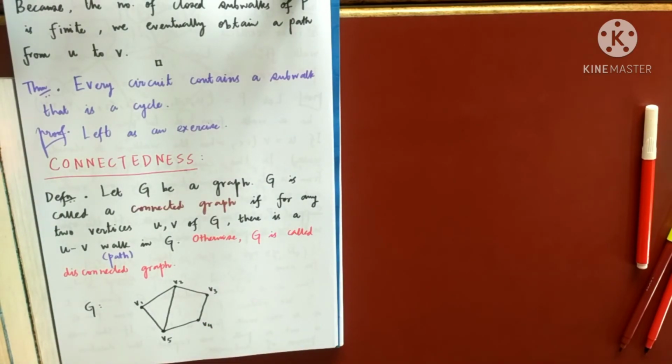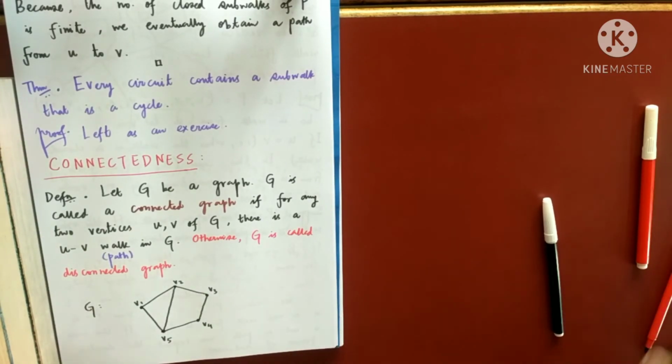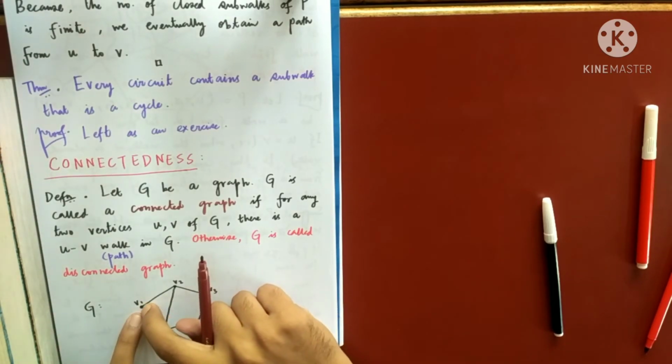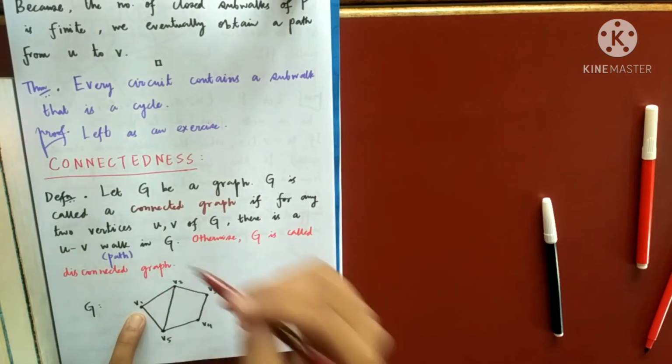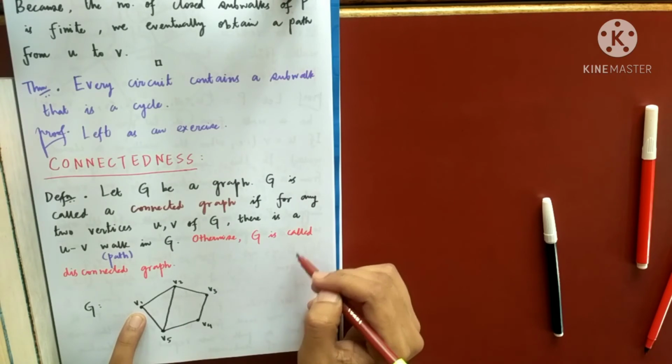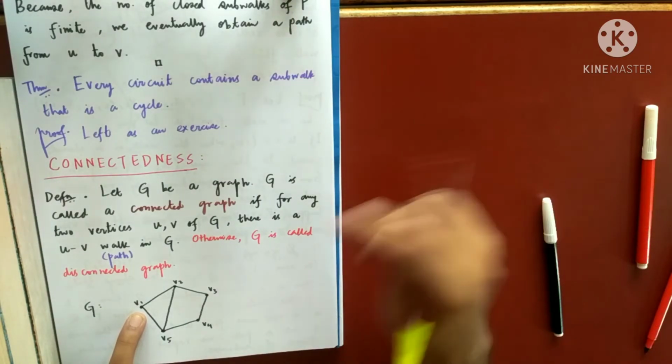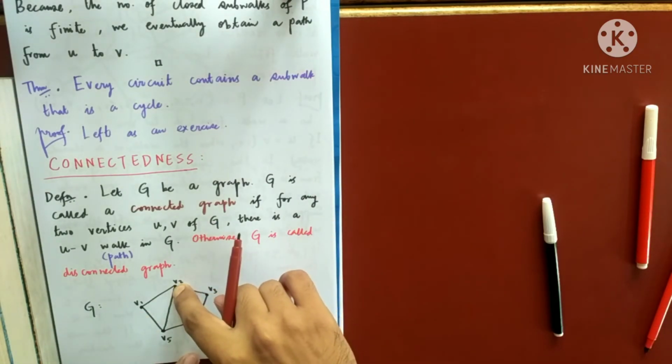What do you think? Is this graph connected? To check connectedness, you see whether you can find a path from every vertex to every other vertex. So V1 to V1, this is a path, just considering V1 in a bracket, that is a path from V1 to V1. Same path for V2 to V2 and so on.